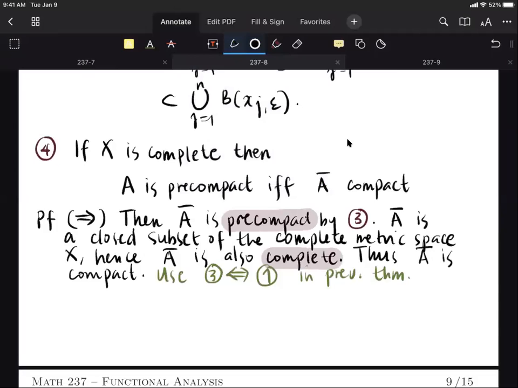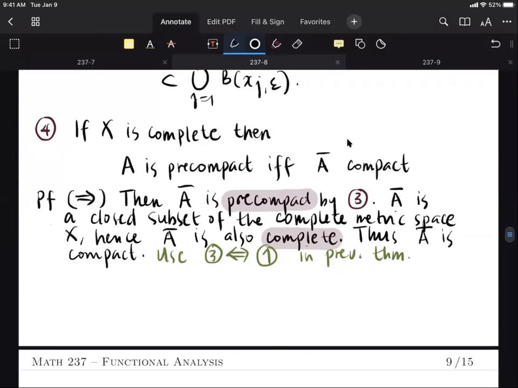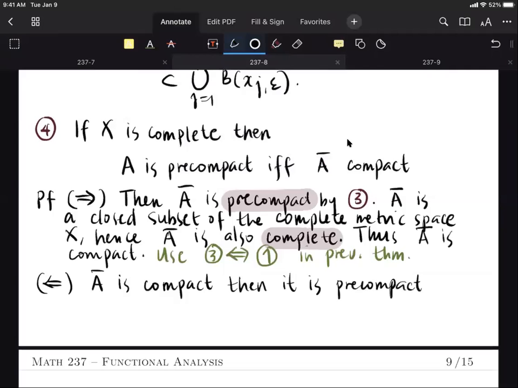On the other hand, if A bar is compact, then it is pre-compact and complete. Okay, so we do not put the completeness in this case. Pre-compactness would suffice.